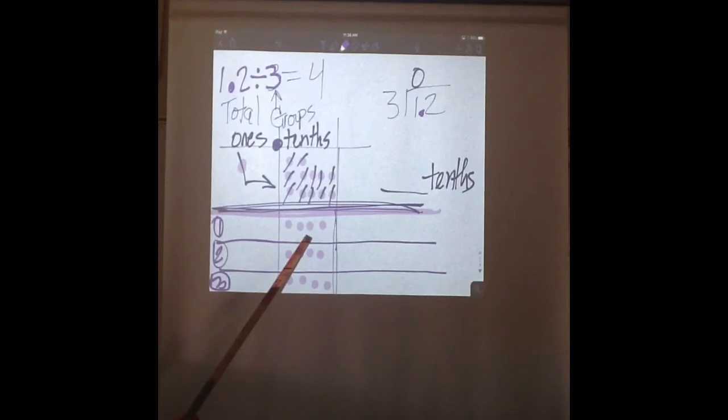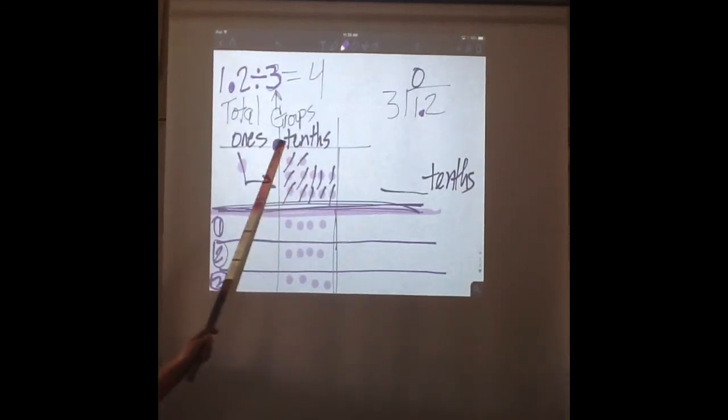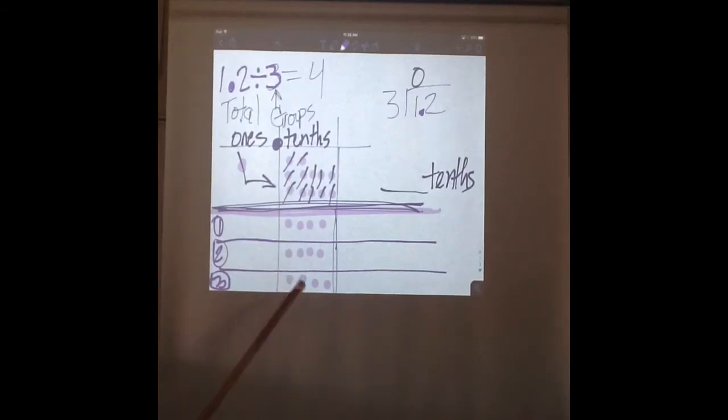0.4. 4 tenths, right? This is the tenths column. And each group has the same number of dots in it, so it would be 4 tenths. And we could represent that by 0.4, right?